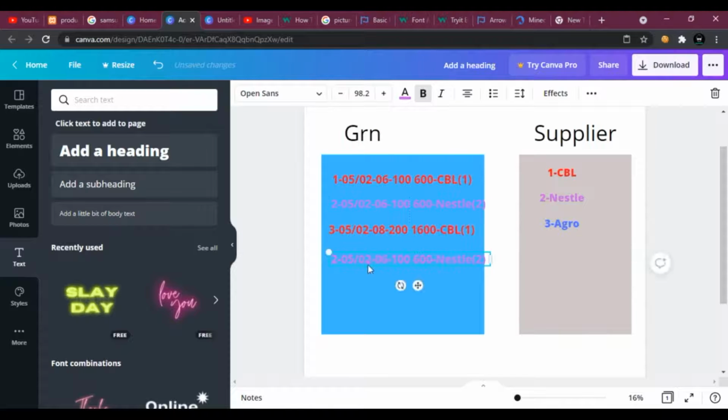In this case the GRN ID will be 4, and he bought something else Nestle provides, let's say drinks. Say 10 Nestle drinks, the unit price is 1000, so the total will be 10,000.